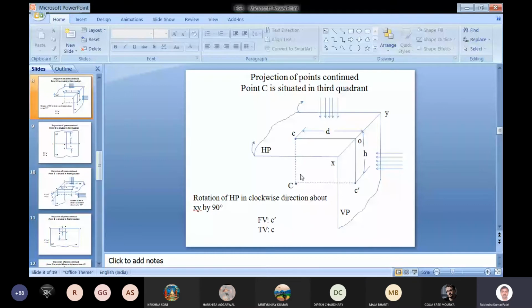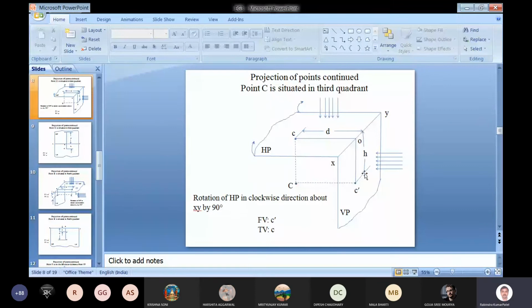So we can see the point C, and its projection onto the horizontal plane can be obtained as small c, and the distance can be marked. The projection of point capital C onto the vertical plane can be taken as c dash, and the height of this point can be shown.